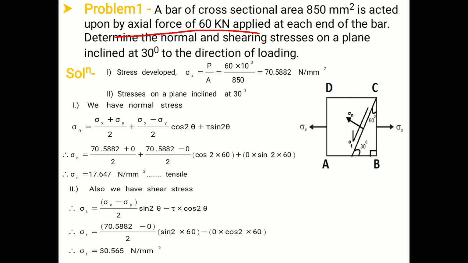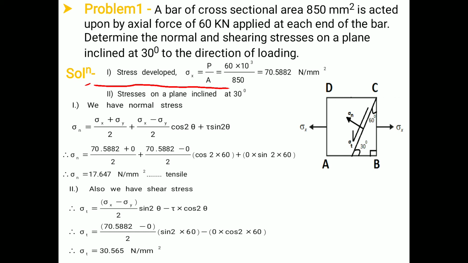It may be a normal stress or a shear stress, but in the numerical it is given in the form of force. So first, the normal stress developed will be sigma x, which is equal to P by A.